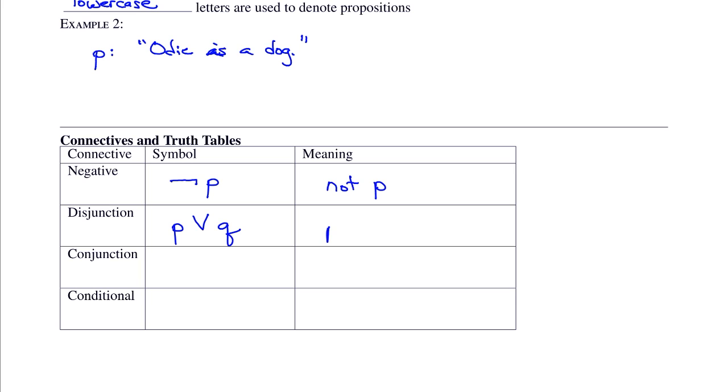And this is P or Q. Conjunction, what do you think conjunction is? If disjunction was or, what is conjunction? And. And the symbol for and is the reverse of that, the upside down version of the or symbol. So this is P and Q.